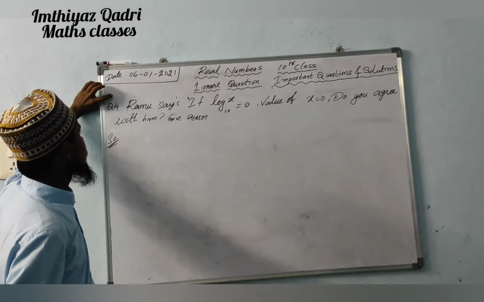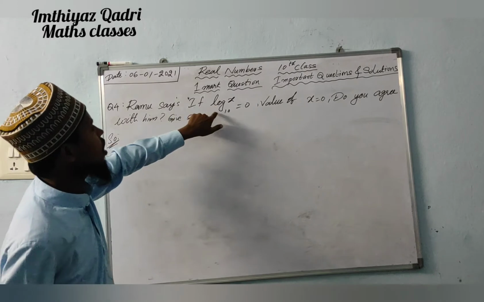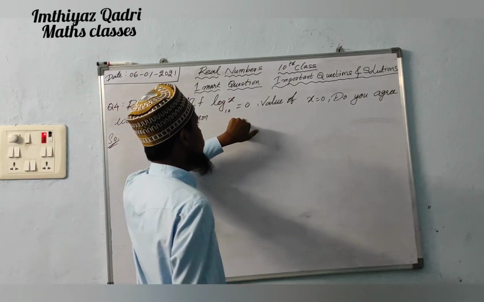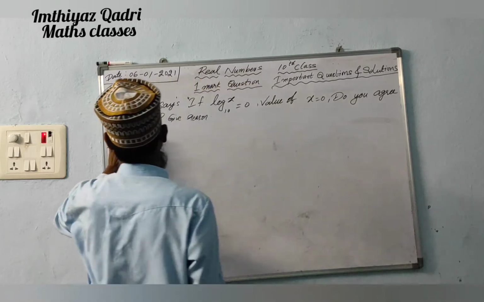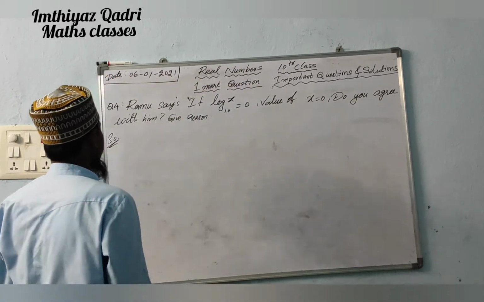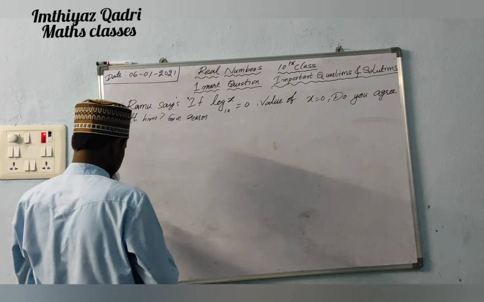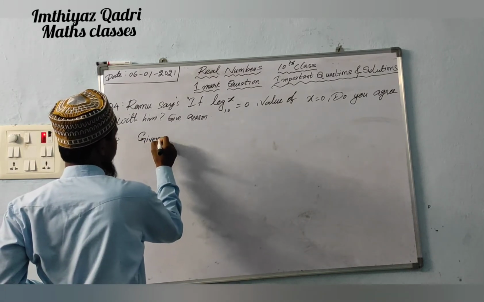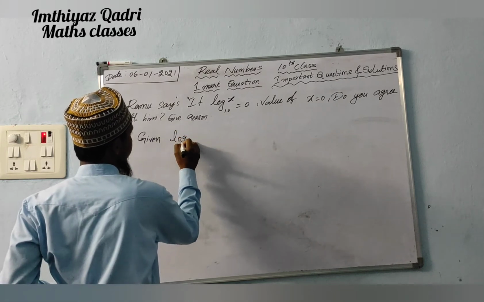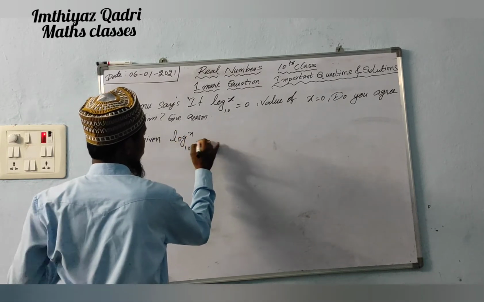Fourth question, Ramu says if log of x base 10 is equal to 0, value of x is equals to 0. Do you agree with him? Give reason. Here Ramu says given log of x base 10 is equals to 0.